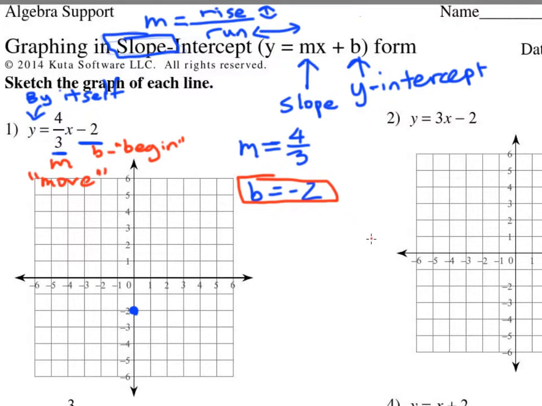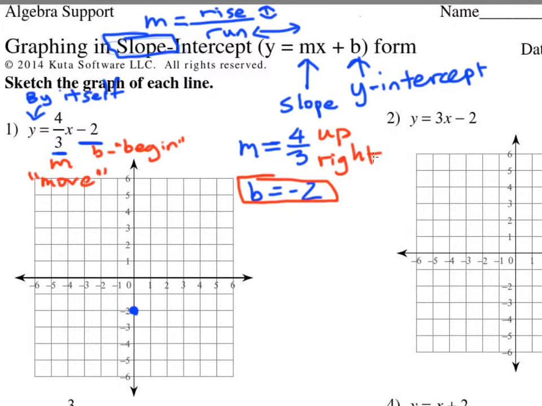So this is your slope, and we're going to move with our slope. Looking at our slope now, this 4 is our rise. It's a +4, so we're going to go up 4. And then 3, this is our run, our left and right value. +3 means we're going to go to the right.